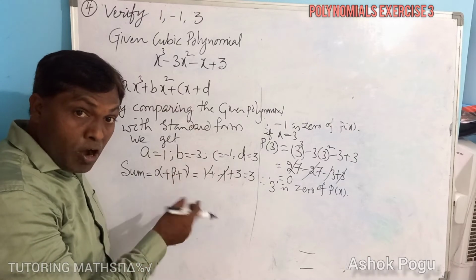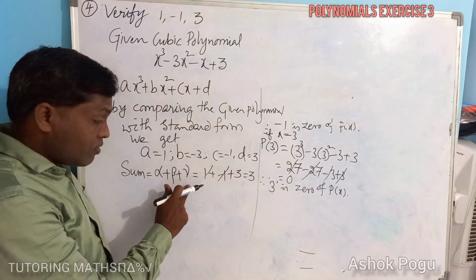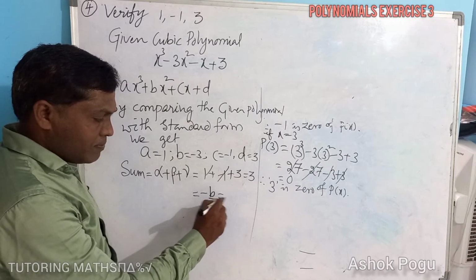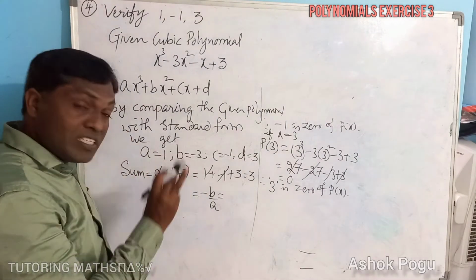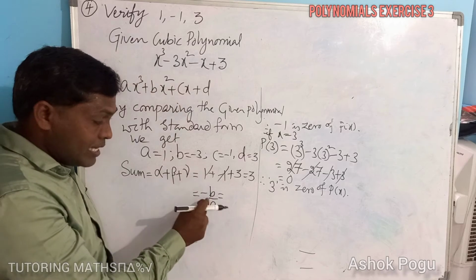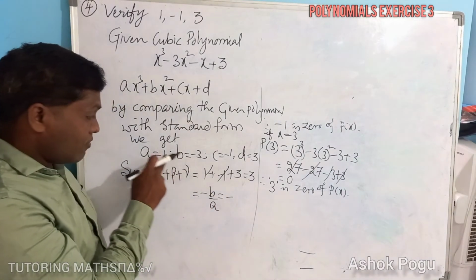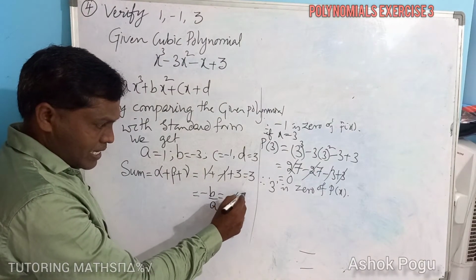Do we get the same according to the standard formula? And according to the formula, what is the formula? That is minus b by a, alpha plus beta plus gamma. The sum of the zeros of a cubic polynomial is minus b by a. What is the value of b? Just check. Minus 3.